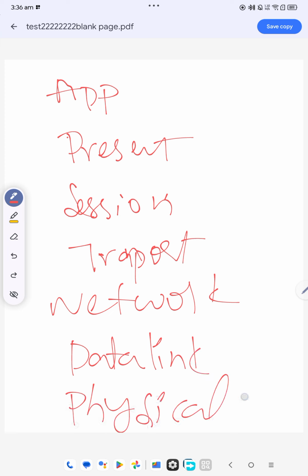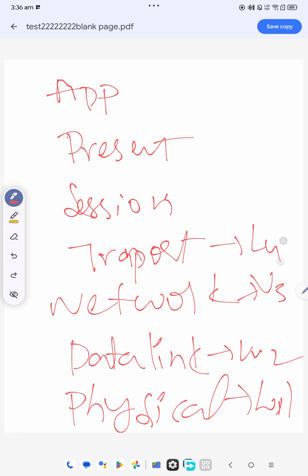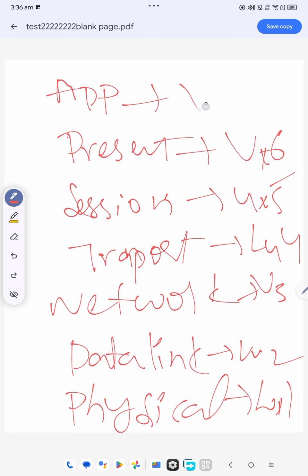We can also call them level 1, level 2, level 3, level 4, level 5, level 6, level 7.